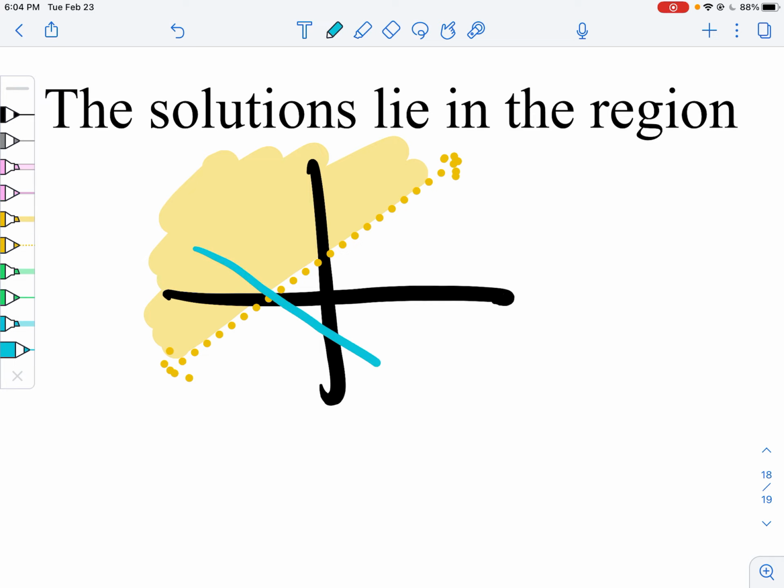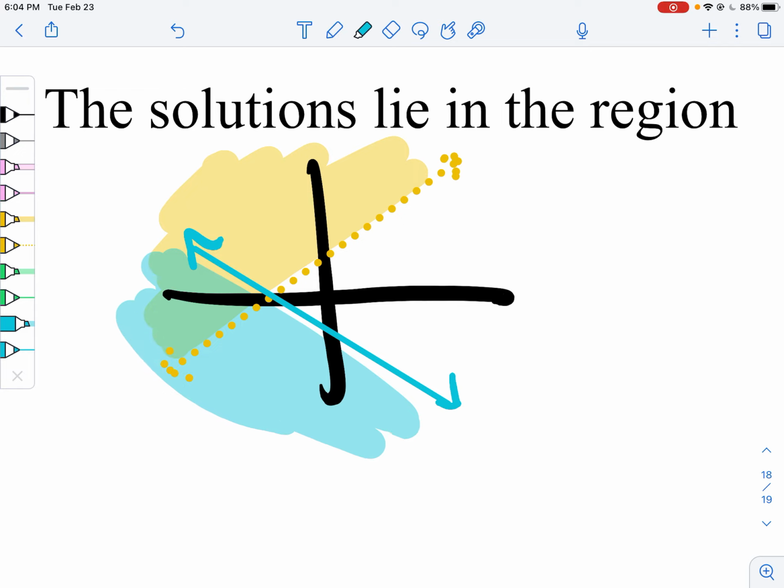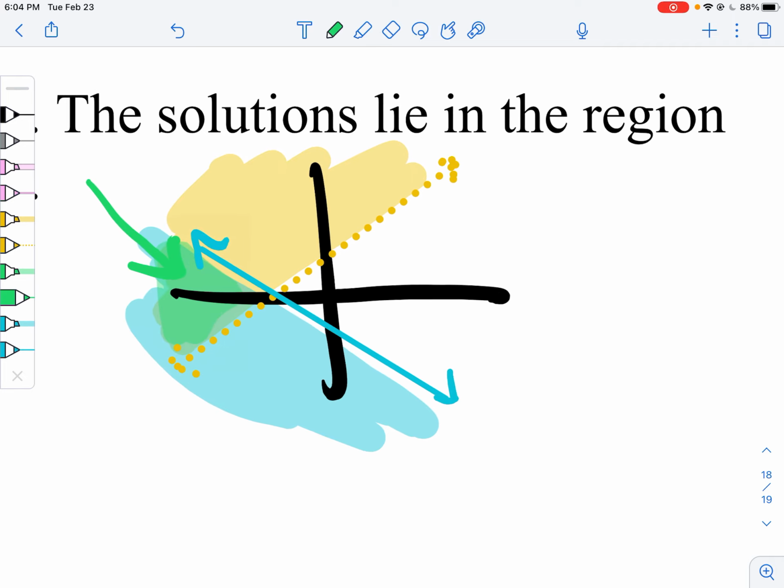Let's say he looks like that. And he's got this area right here, then the solution is going to be this area right here where they overlap, not the axis itself. I mean, this triangle guy, that area.